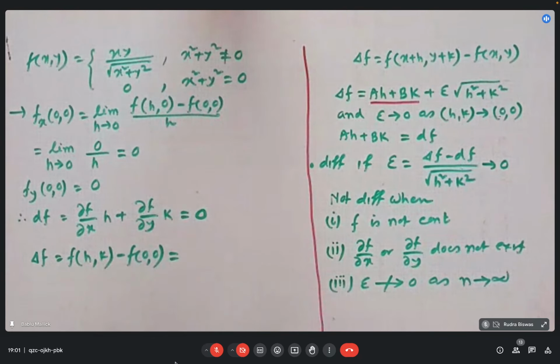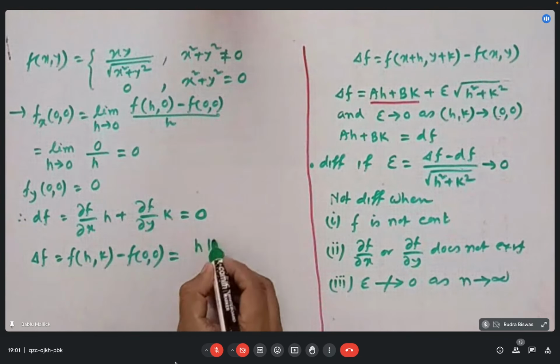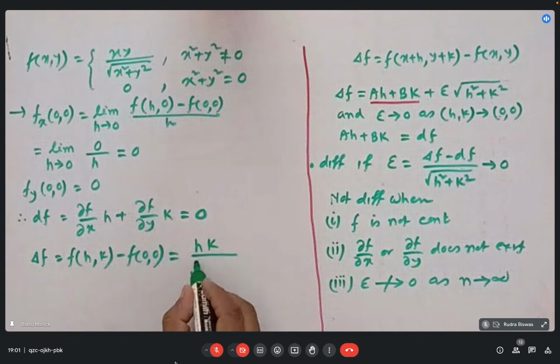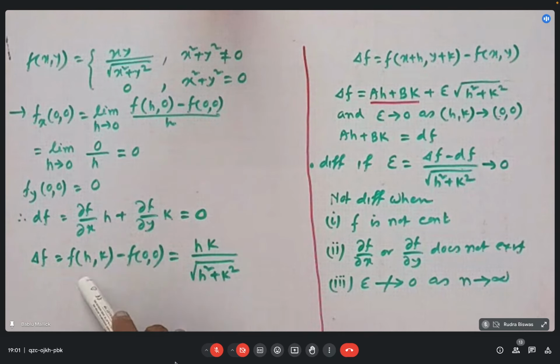So this is equal to hk divided by root under h square plus k square. So we are getting df, we are getting delta f.